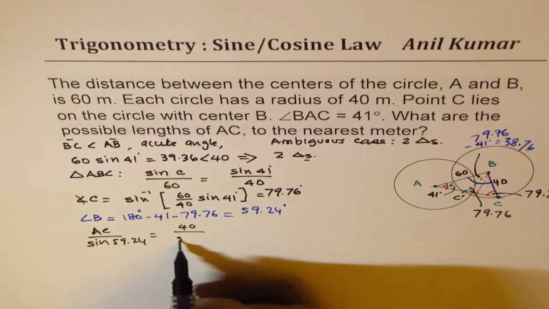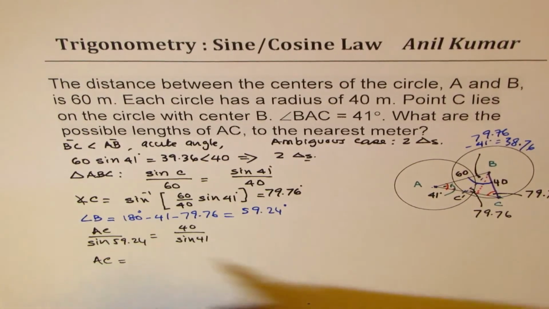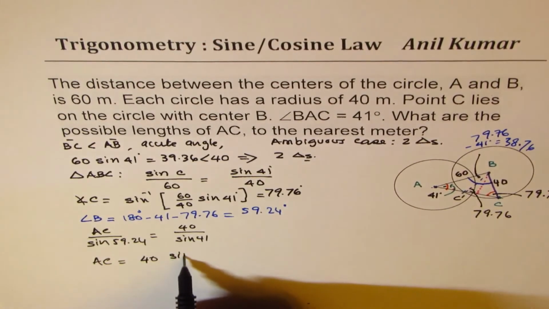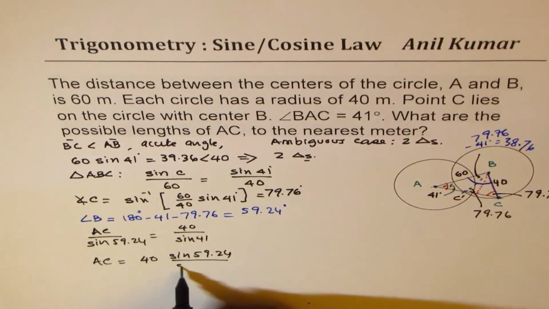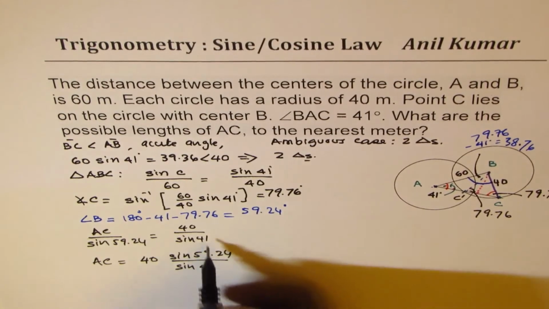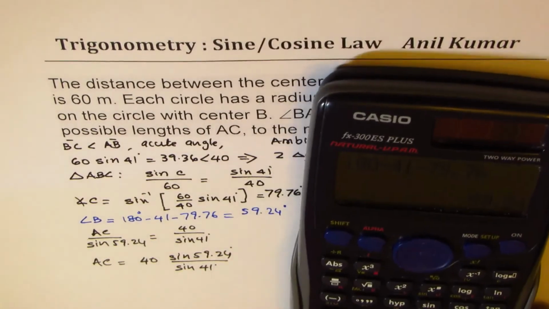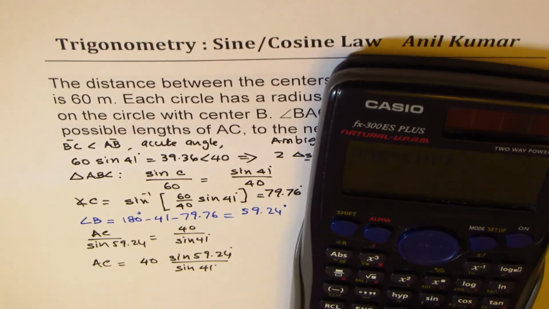over sine of 41, and that gives you AC as equal to 40 times sine of 59.24 over sine of 41 degrees, correct? These are all in degrees. So let's calculate this. So we have 40 times sine of 59.24, and we'll divide this answer by sine of 41.